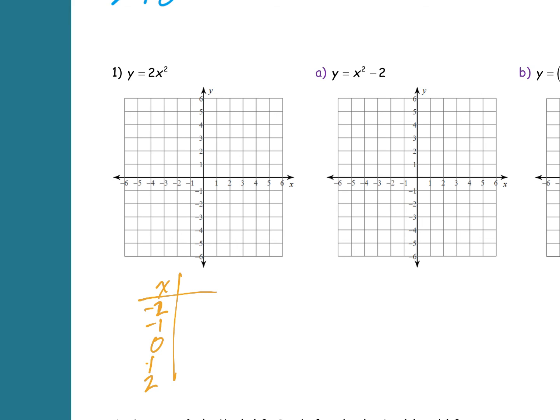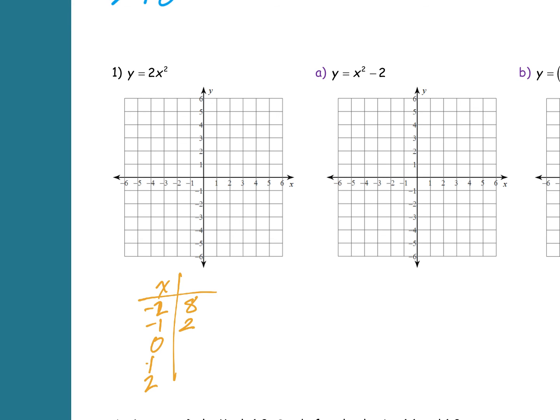Okay, so -2 squared. Don't put it in your calculator. Just tell me what -2 squared is. 4. Times 2. -1 squared. 1. -1 times -1 is not 2. 1 times 2 is 2. 0 squared. 0.